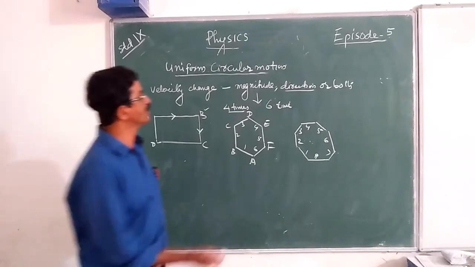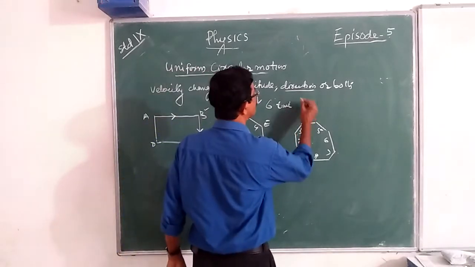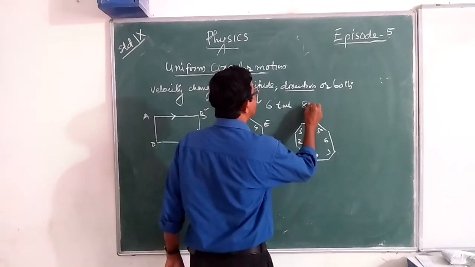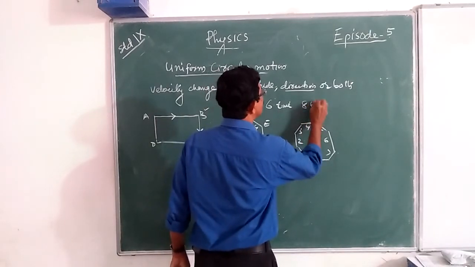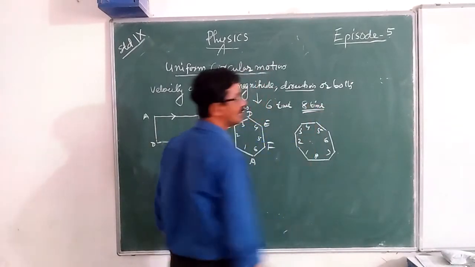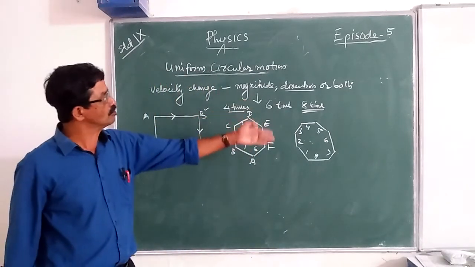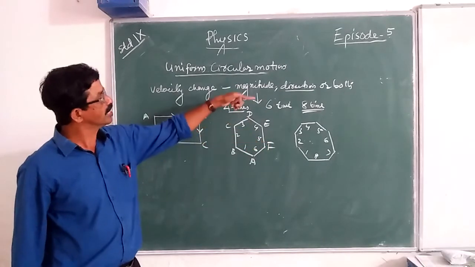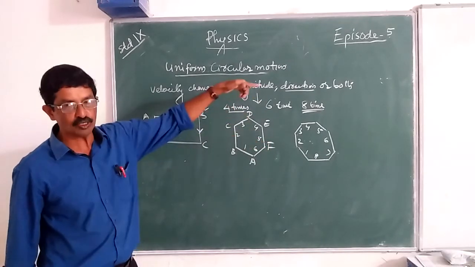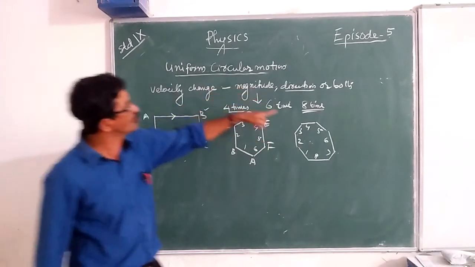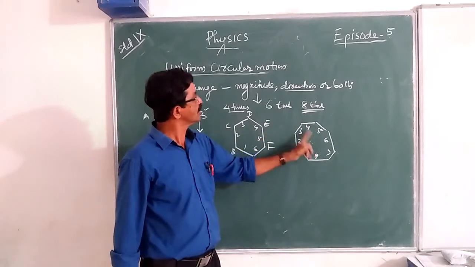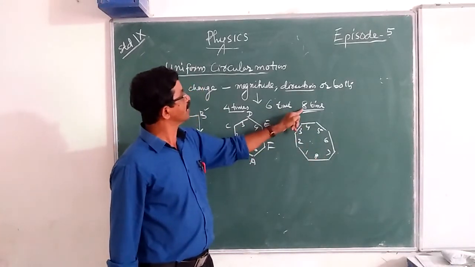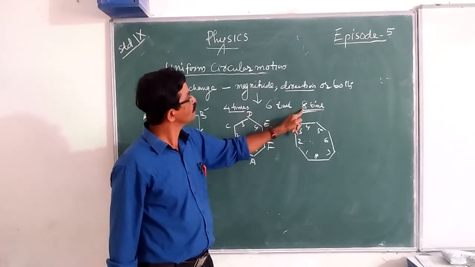How many times does he change his direction in order to keep the path? 8 times. See, when the number of sides increases in this closed path, the number of direction changes also increases.